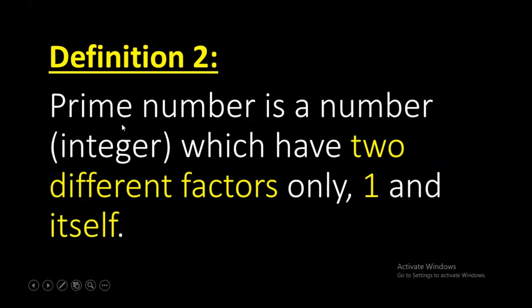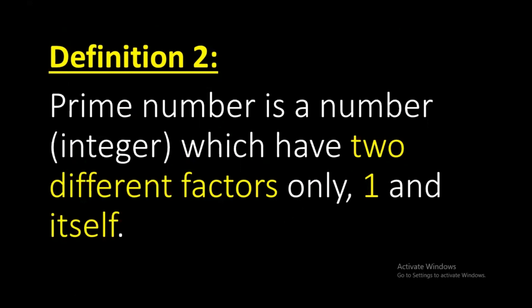Again, I'm going to repeat: a prime number is a number which has two different factors, only one and itself. You have to memorize this definition. If you memorize this definition, you will never be confused whether one is a prime number or not. So there are two keywords: two different factors only, which are one and itself.